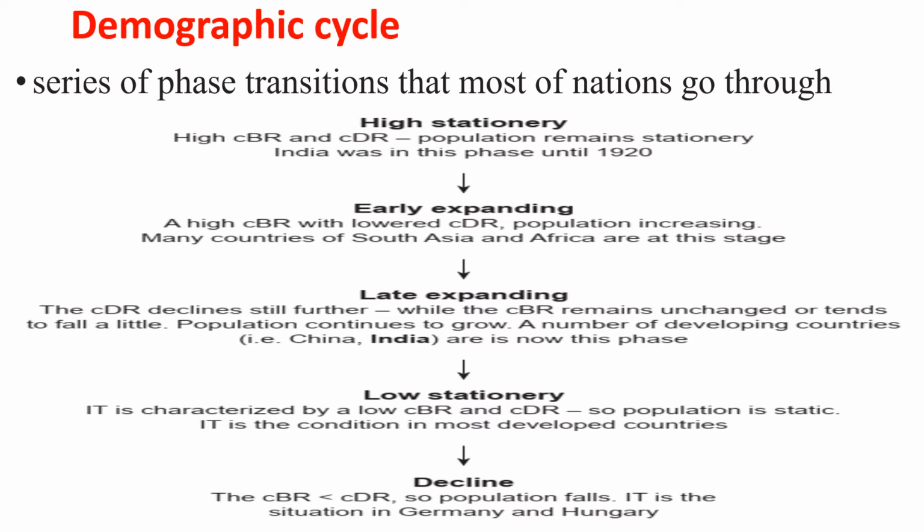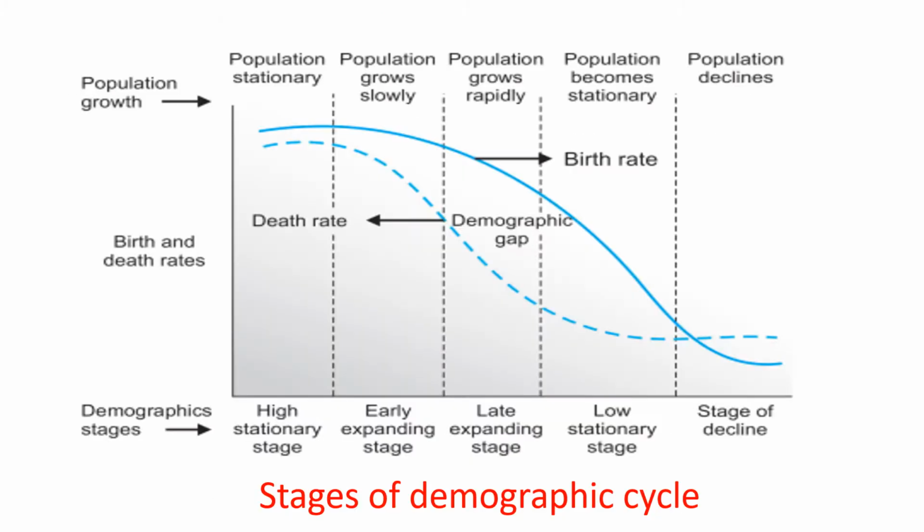This graph shows stages of demographic cycle, beginning with high stationary stage, early expanding, late expanding, low stationary stage, and stage of decline.